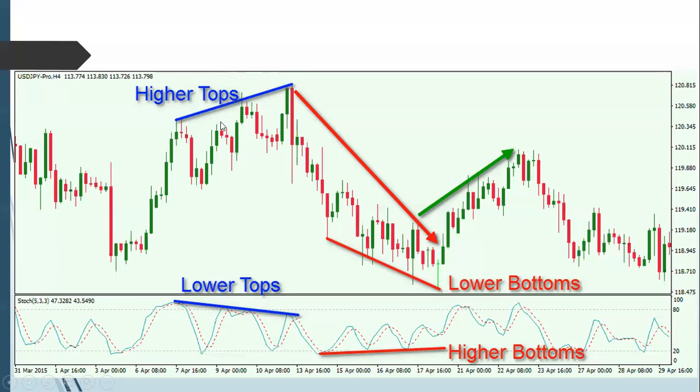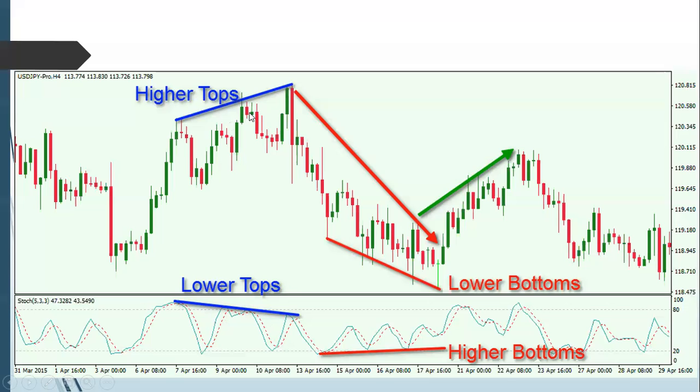Then let's say it goes into profit, maybe 30, 40, 50 pips, and then reverses, probably hits break even, and then makes another higher high. But you recognize that it continuously makes lower highs on the stochastic, right?